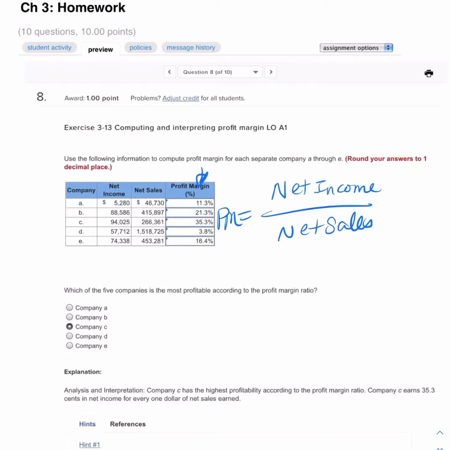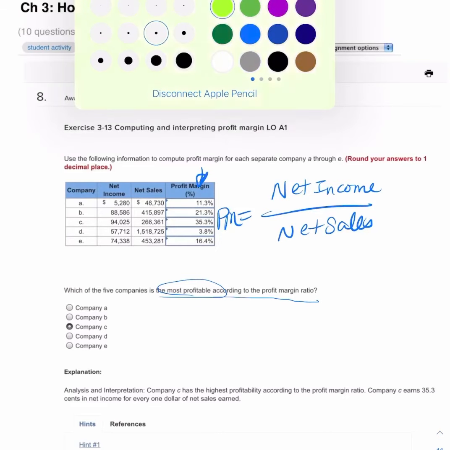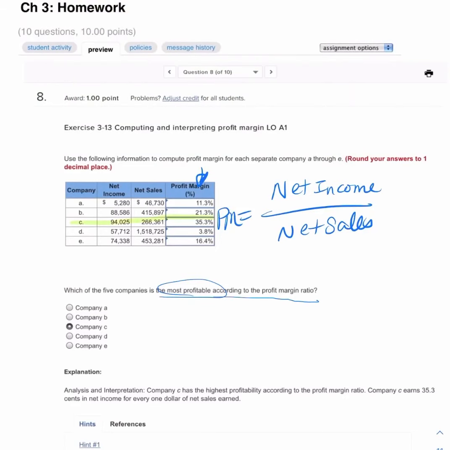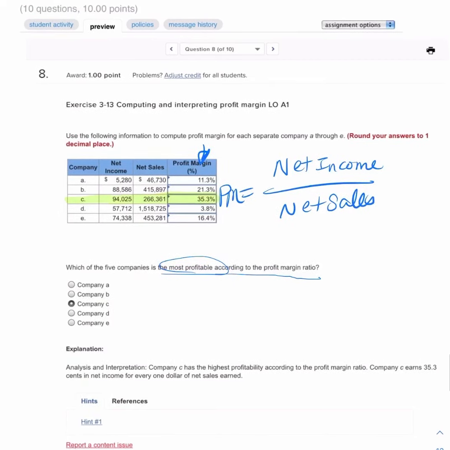And looking at this, the question says, which is most profitable according to profit margin? Well, the one with the greatest profit margin ratio is, of course, the most profitable, and that looks to be Company C, with a 35% profit margin. So what does this tell us? This tells us that Company C not only has the highest profit margin, but that they actually earn 35.3 cents in net income for every dollar in sales they make.